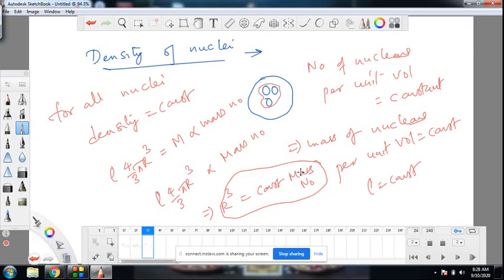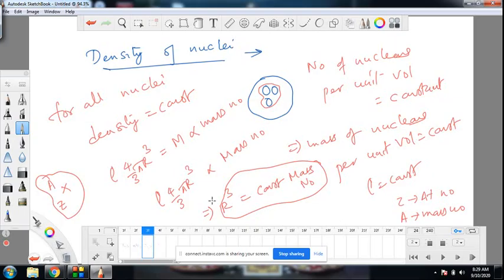Mass number I write as A. Atomic number I write as Z. Generally the terminology is Z we use for atomic number, A for mass number. Any element that you want to write, you write it as X with mass number and atomic number, like this. This is the terminology.